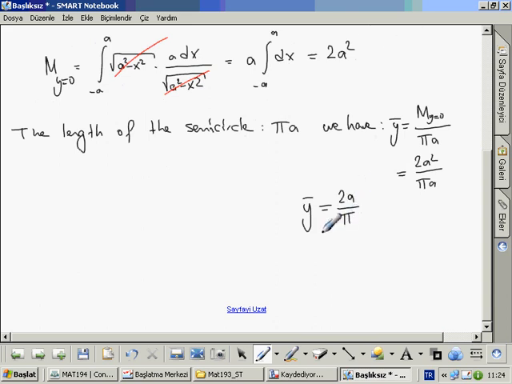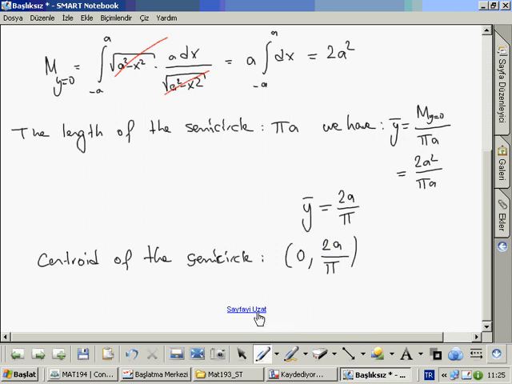The centroid of the semicircle is (0, 2a over pi).